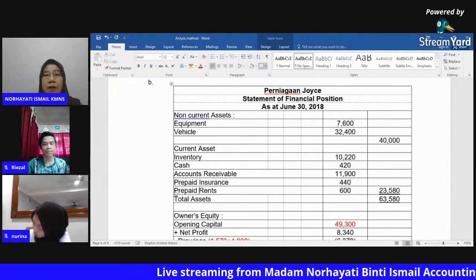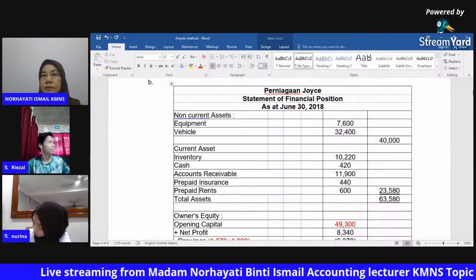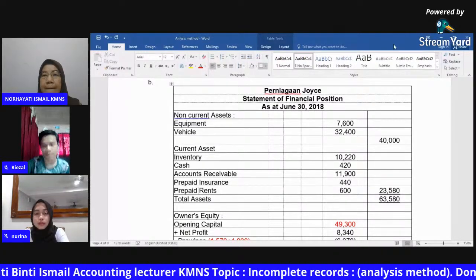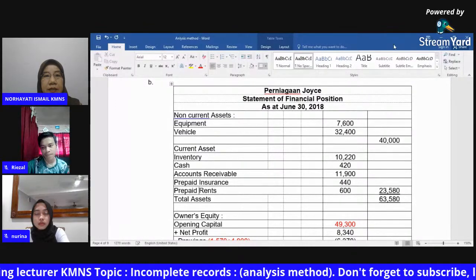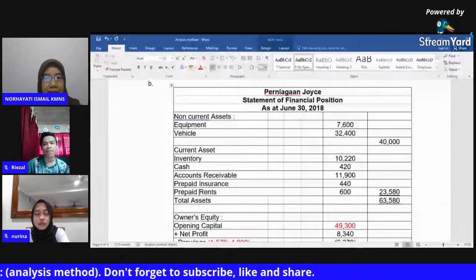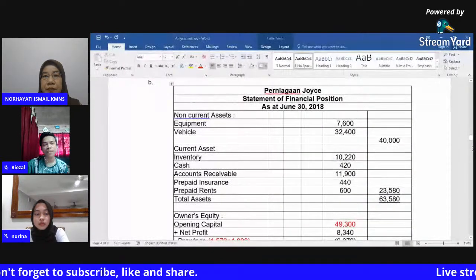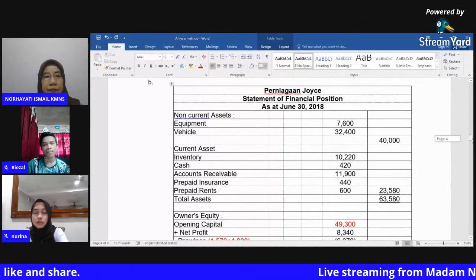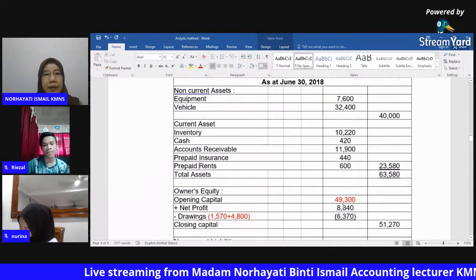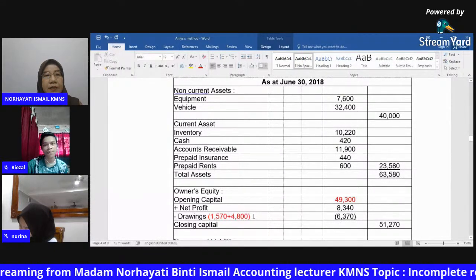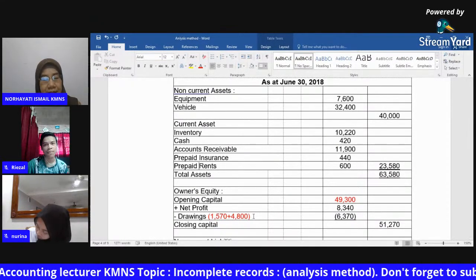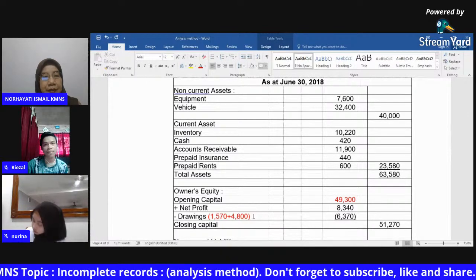Okay, the next one, owner's equity. The owner's equity: opening capital, we have calculated just now, 49,300, plus net profit that we have calculated already in the statement of income, less drawing for cash, the company withdrew cash, and the company withdrew inventory.